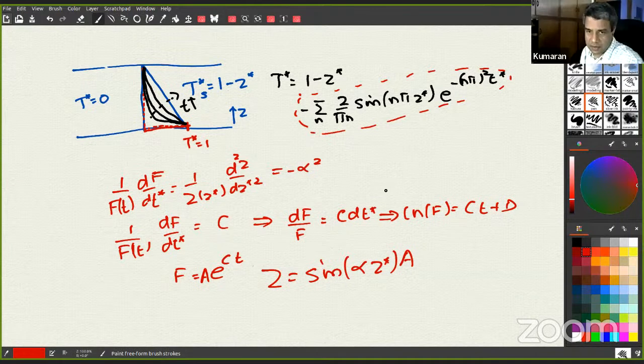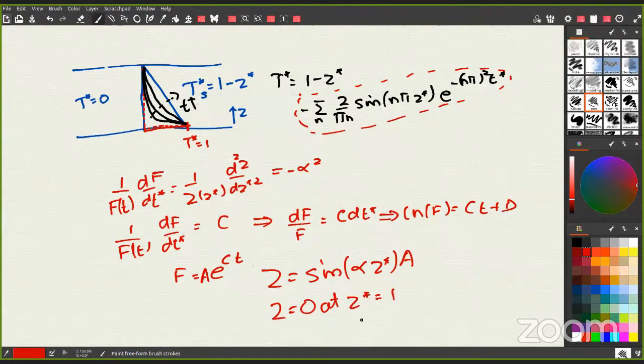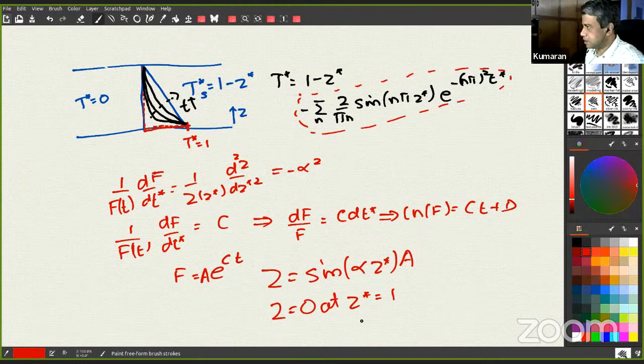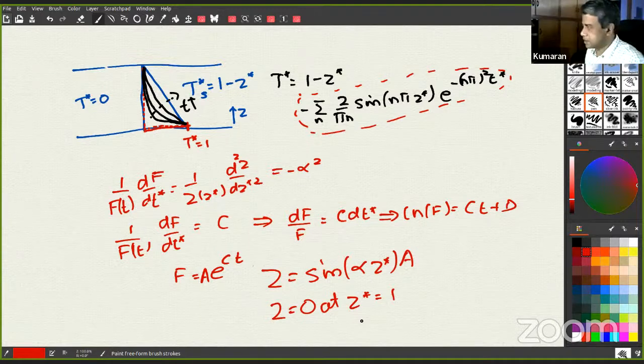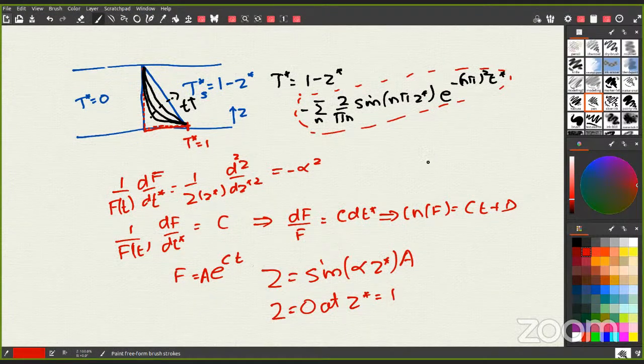So we know that z has to be equal to 0 at z star equal to 1, right? There is a boundary condition on top. It's a homogeneous boundary condition on top. So either a can be 0 or sine of alpha z can be 0. Okay, I got it from here.